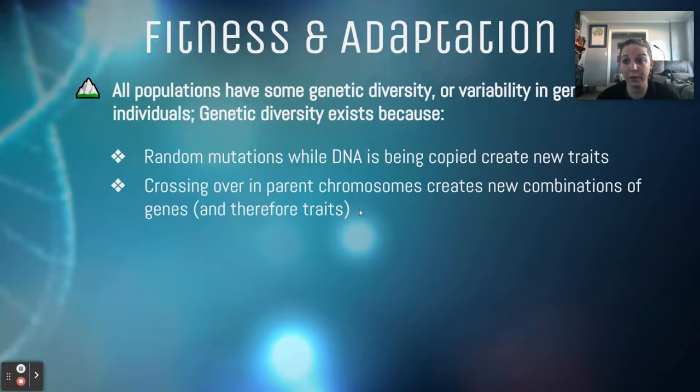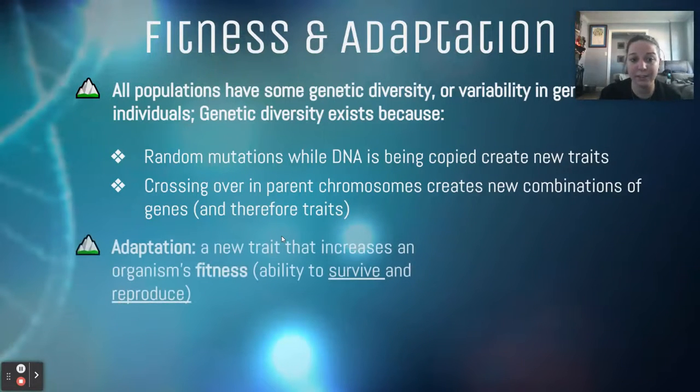Another big reason we have these genetic diversity events happening is because of crossing over in the parent chromosomes. That's going to create new combinations of genes, and so therefore we get new traits.